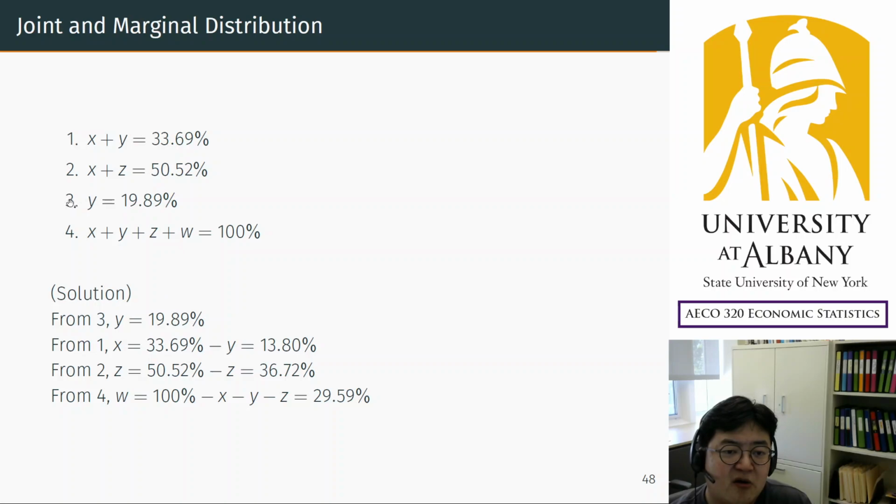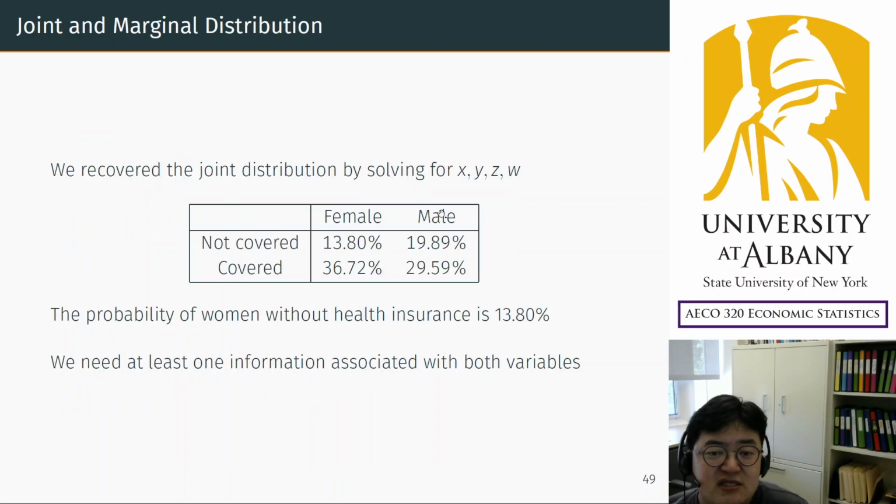So if you compare equation 1 and 3, then you can isolate x, right? And when you know x, then you can isolate z from number 2. And when you know x, z, and y, then you can recover w from here, right? So I believe you can do this. Then this is a very interesting result.